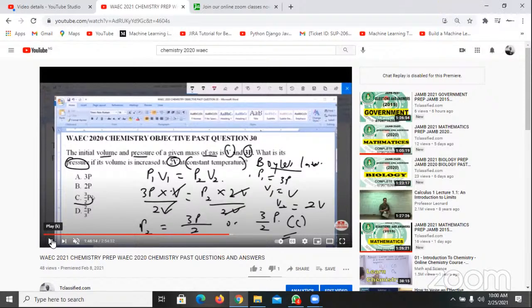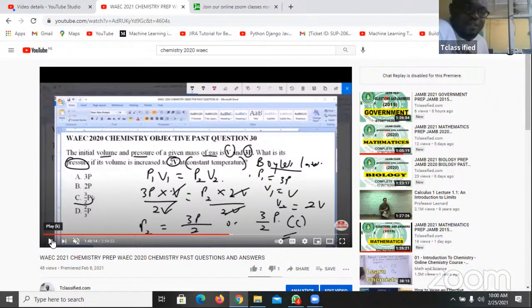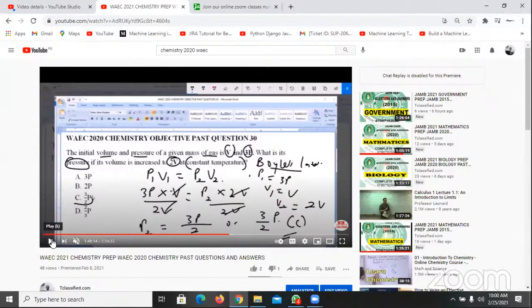Then the pressure we're looking for, but we have V2 as 2V. So we find that the answer will be P equals 3P over 2. Yeah, that's when you make P2 the subject of the formula. Yes, sir. So you did well.